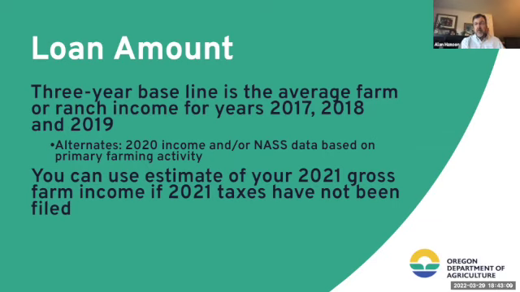We would just look at your crop code and the number of acres and come up with an estimate for your income based on the Oregon averages. The most recent NASS data is from 2017. So it's not ideal, but to establish a fair baseline, we had to use some standard, and that's the best we have, quite honestly.